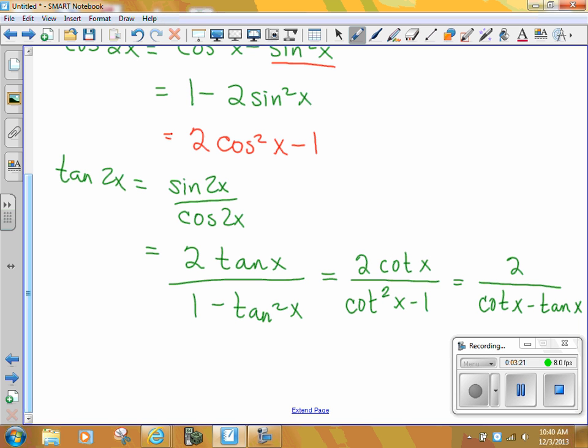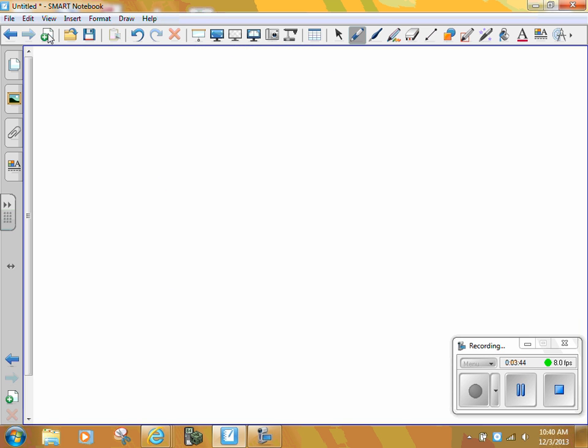So which tangent of 2x formula are you going to use? This first one, okay? That's just common sense. It makes it a whole lot easier. So this one and this one, those are the 2 that you really need to focus on, okay? Now, what are we going to do with these? Well, we're going to find all of them, okay? Everybody have this? So here we go.